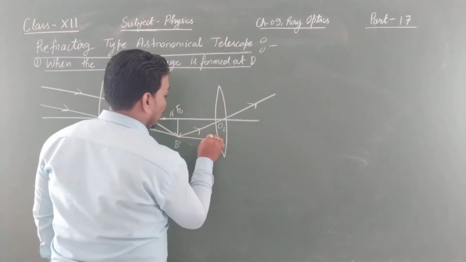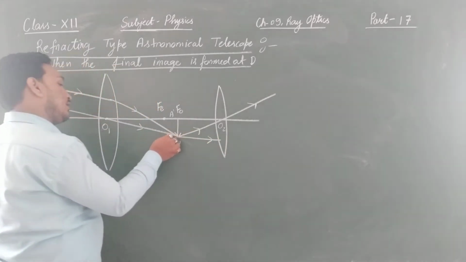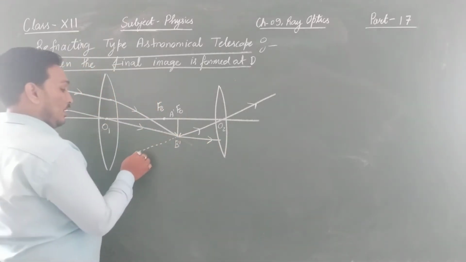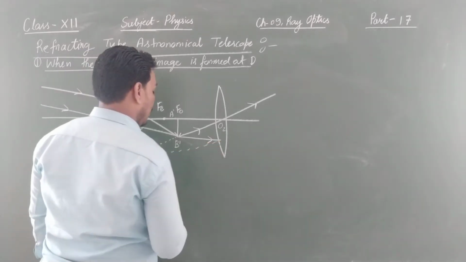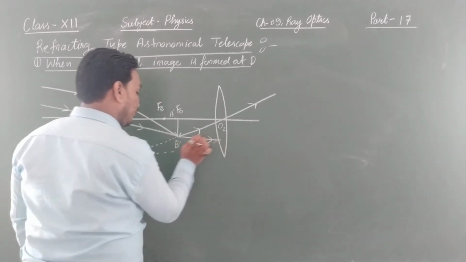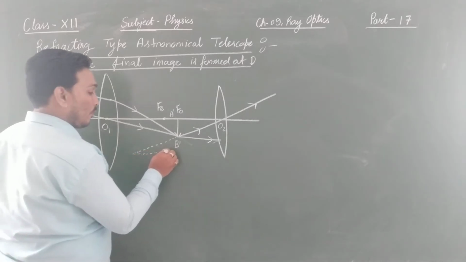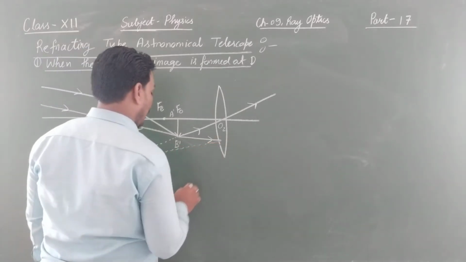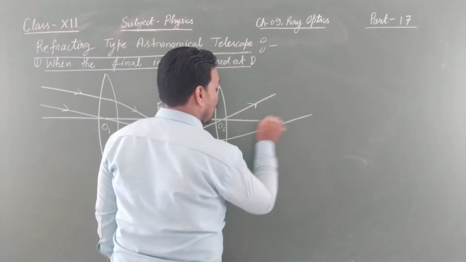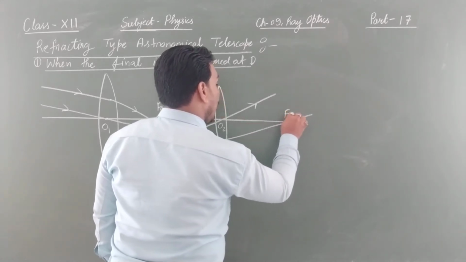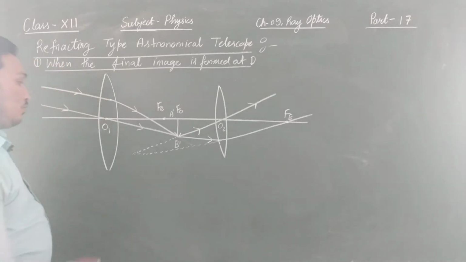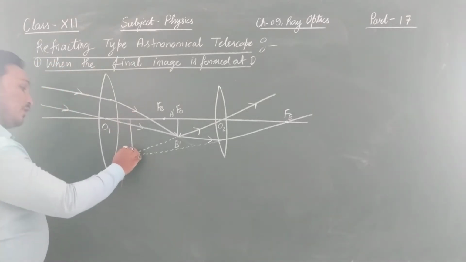One ray goes parallel to the principal axis. Now if we extend these rays behind, and suppose the final image is formed somewhere here.